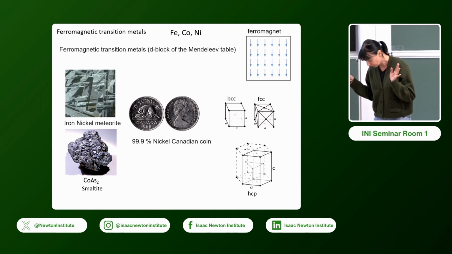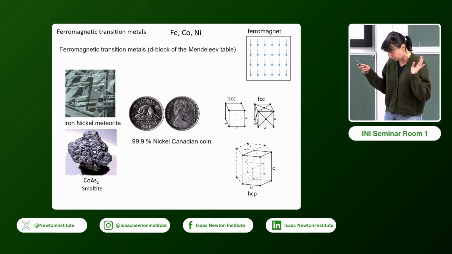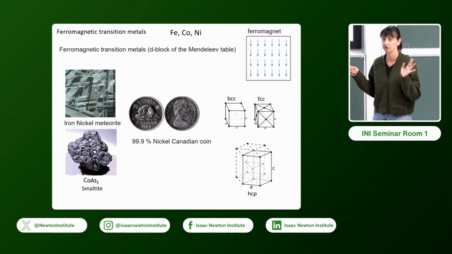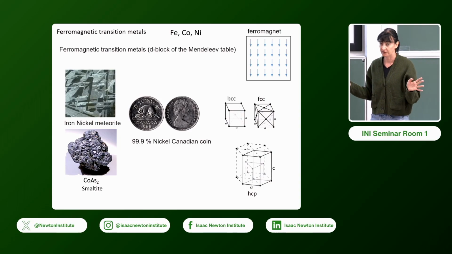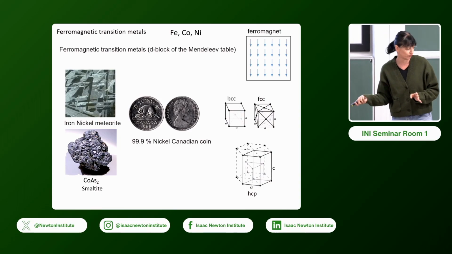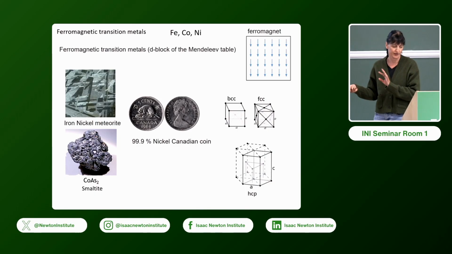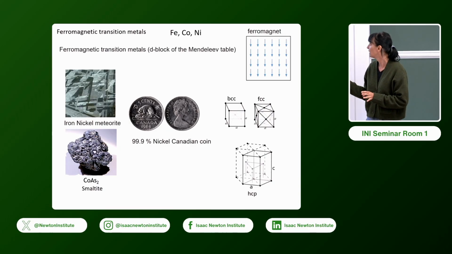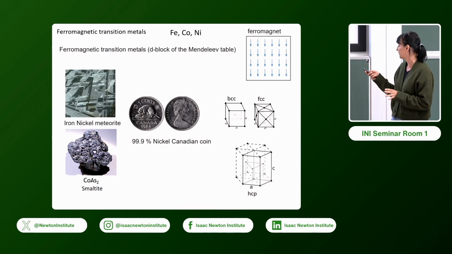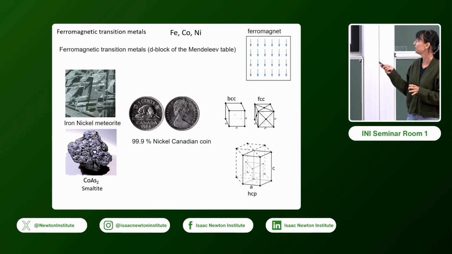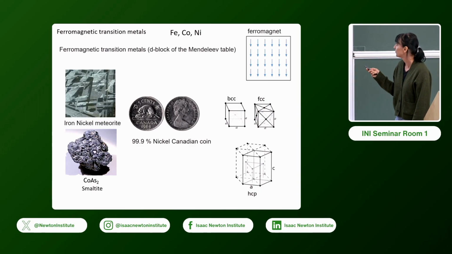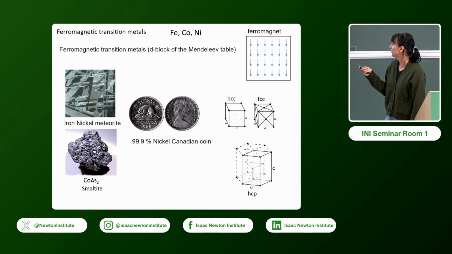Before that, I want to talk about materials, because I'm going to show you stripe images coming from different materials, and I want you to know what they are. I have three categories of materials. The first is the simplest, and my favorite: the ferromagnetic transition metals. They are part of the d-block of the Mendeleev table.